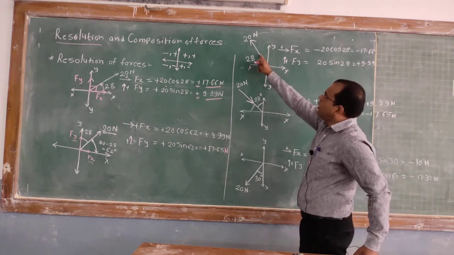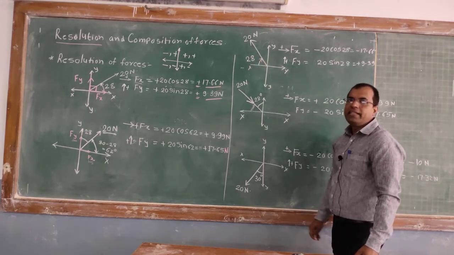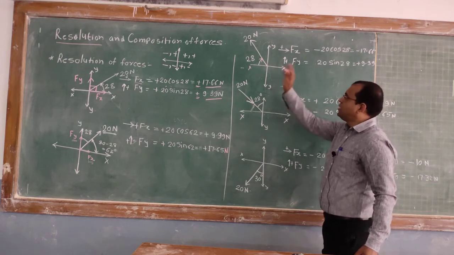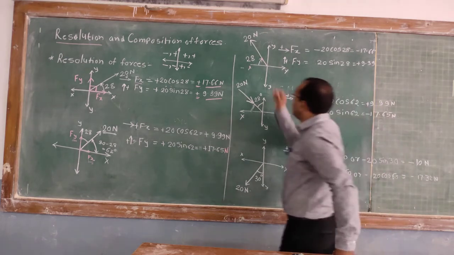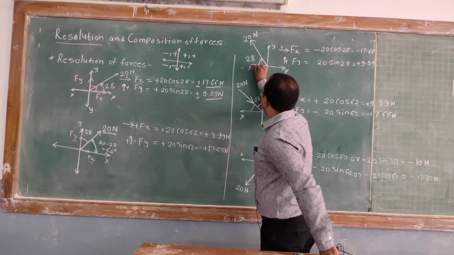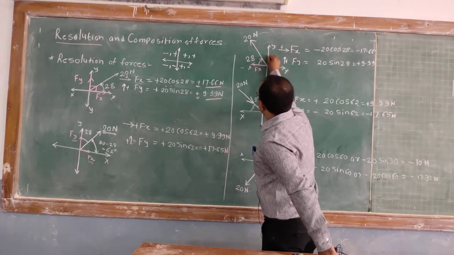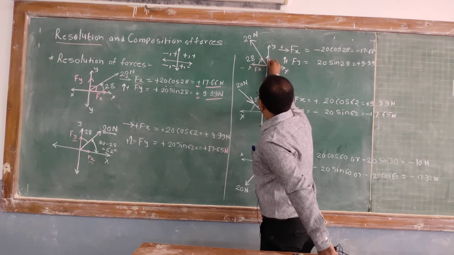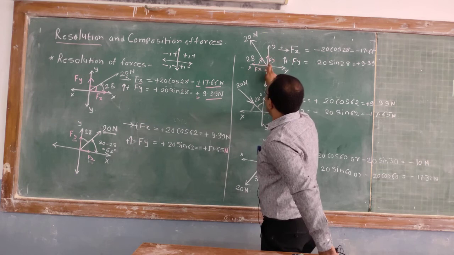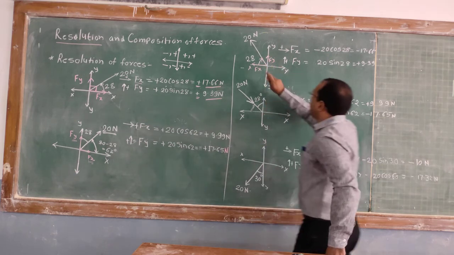Now this force is in which quadrant? Yes, it is in the second quadrant. In the second quadrant, this is your x component, that is F of x, and this is your y component, F of y. That is force in x direction, force in y direction.